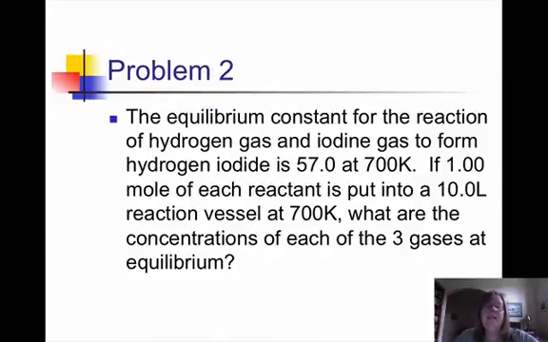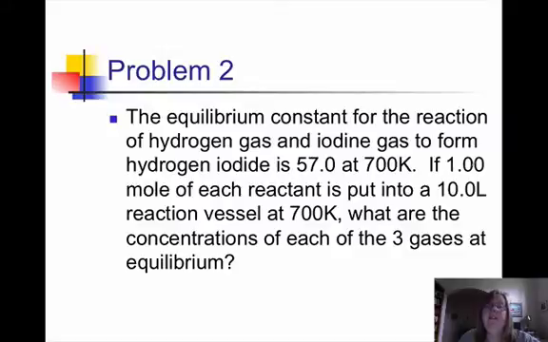Okay, so this question is going to have some coefficients in it. So we've got a K, and we've got a synthesis reaction, and now they're telling us that they're putting 1 mole of each reactant into a 10-liter reaction vessel, and they want the equilibrium concentrations of everything.